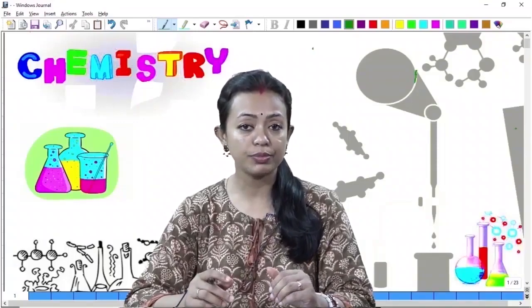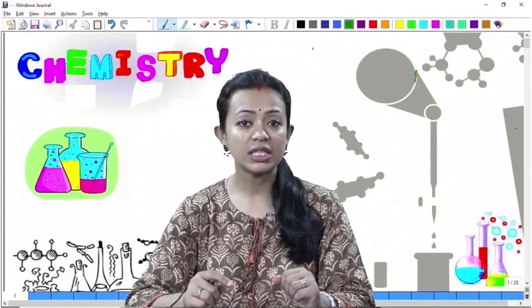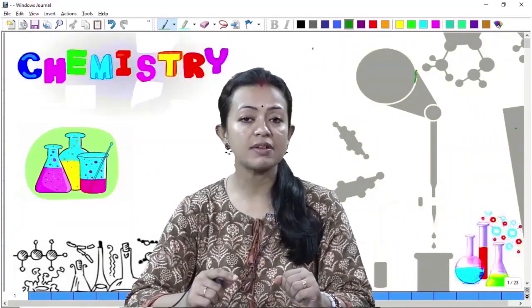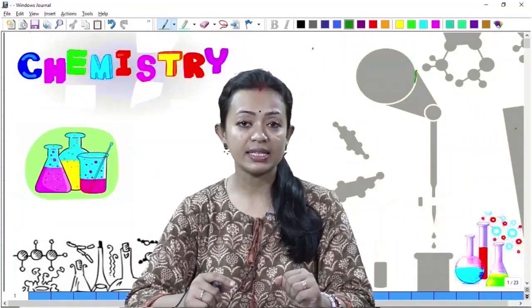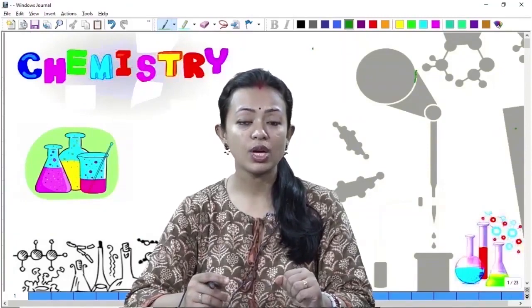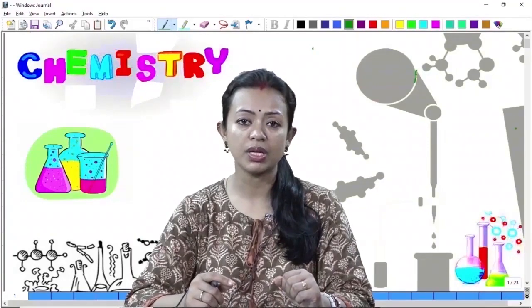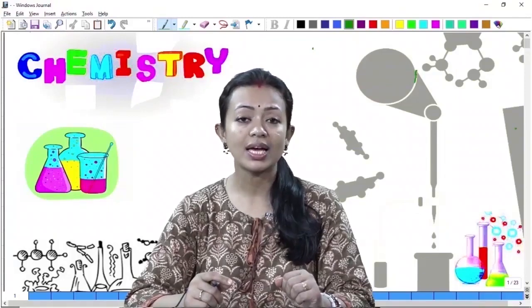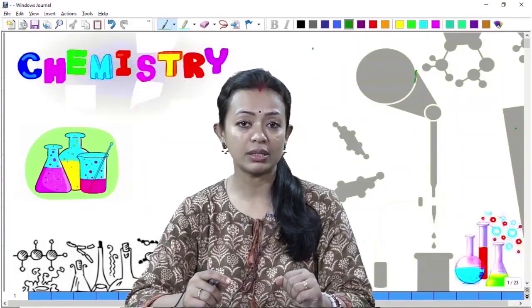In a centrifuge machine, we insert a tube containing the colloid and spin it very rapidly. When it is spun rapidly, the lighter particles will float whereas the heavier ones will settle down, and thus separation is possible, which is extensively used in laboratories, particularly for medical purposes.